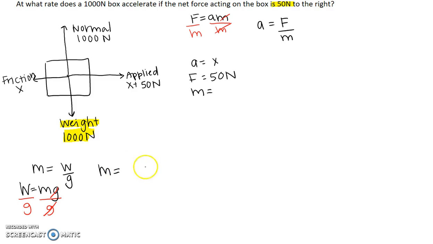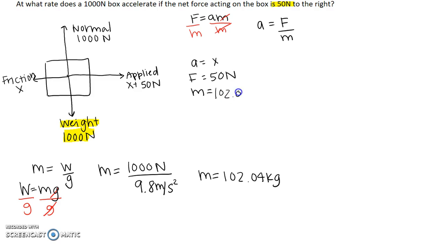If I'm going to solve for mass, I have a weight of 1,000 newtons divided by my gravity of 9.8 meters per second squared to give me a mass in kilograms. If you plug that into your calculator, you get 102.04 kilograms. Now I can list that up here.